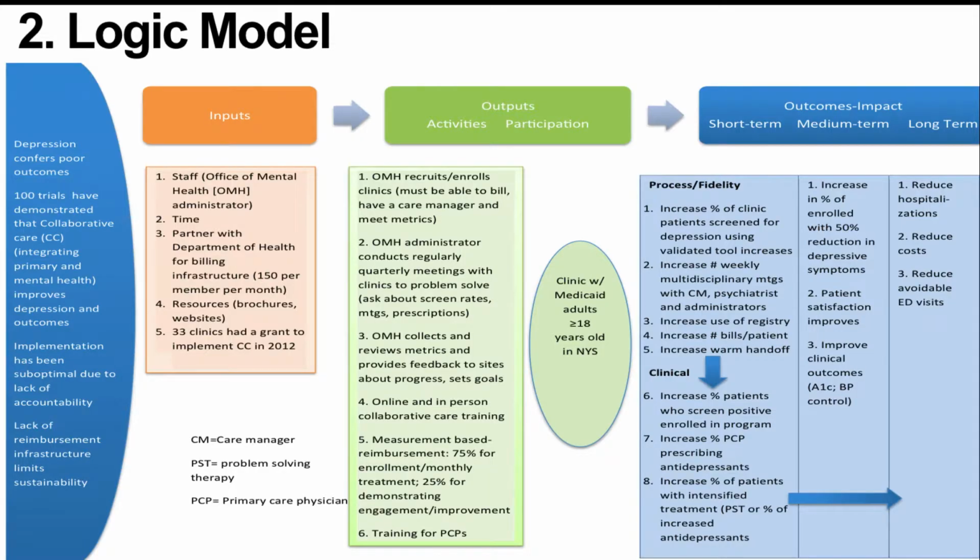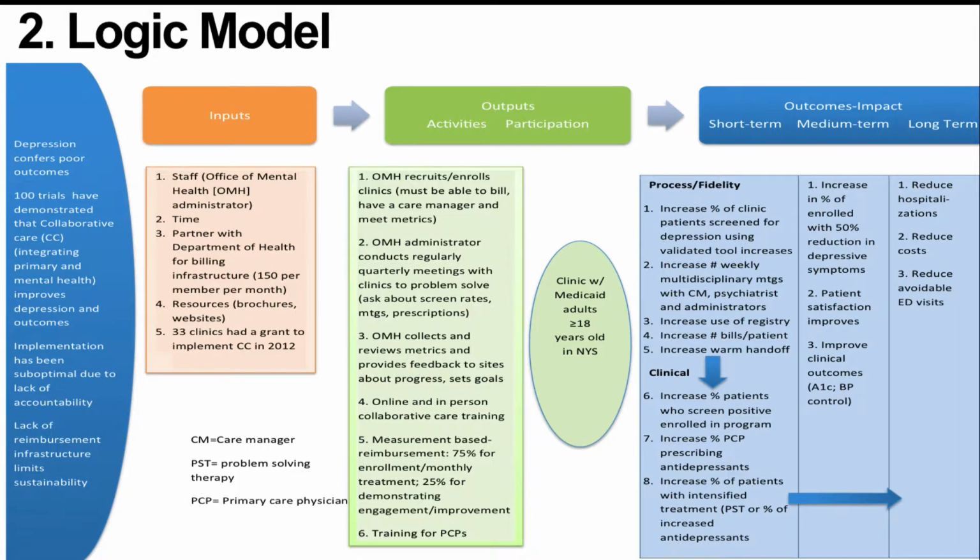The next step is to create a logic model, which really allows you to understand some of the objectives of a program. So we found that there were key inputs here from the state's perspective. We needed staff to oversee the collection of metrics, time, resources, billing infrastructure, and technical assistance as well, which were all inputs needed to implement these programs.